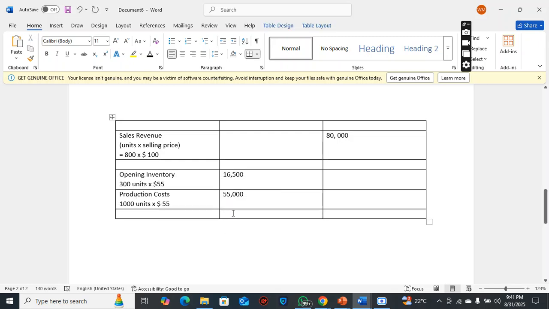So we're going to say 16,500 plus 55,000 is the total cost of the inventory available in the factory. So 16,500 plus 55,000, we get 71,500. Then you're going to say less closing stock. As I said, it's almost like the trading account. Remember in the trading account, opening inventory.